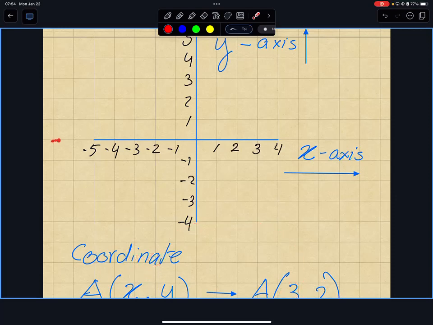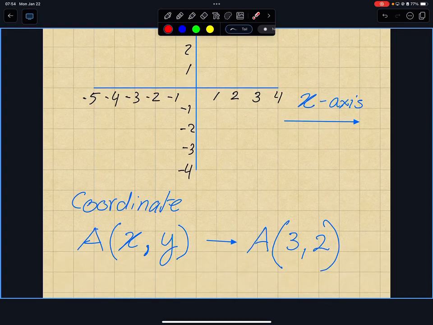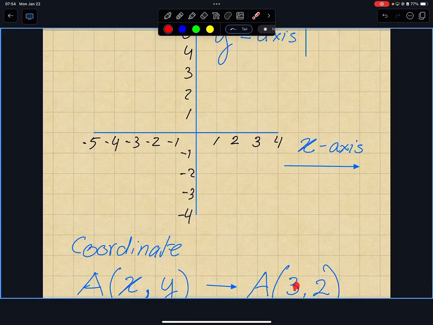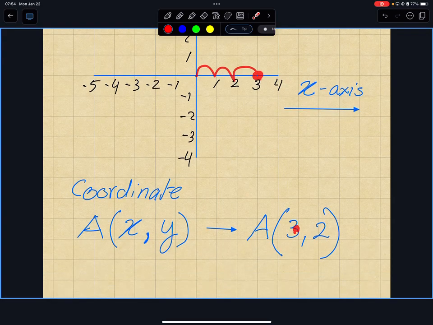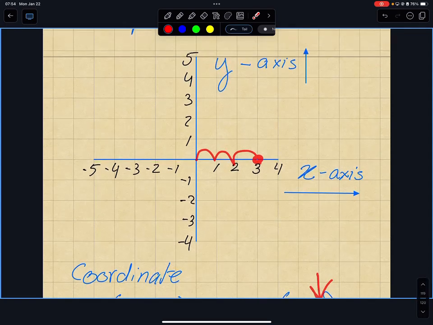So where do you look? You look at the x-axis. Here's where you look at. So the first value is 3. So what do I do? I move to 3. Here is 3. But am I finished? I'm not finished. I still have a y value, meaning I have to move in the vertical axis.